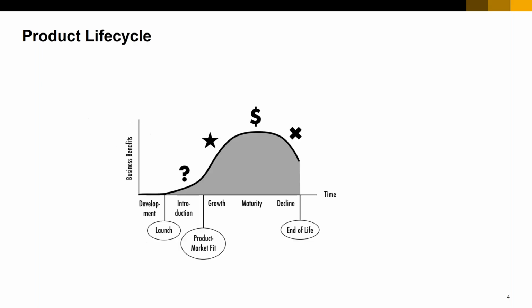Now, if we actually see the life cycle of the product, it goes through a variety of phases. Starting right from the conceptualization, where the business case is prepared, and then there are typically talks with the product portfolio team to get the investment, etc. And then the whole development phase starts.